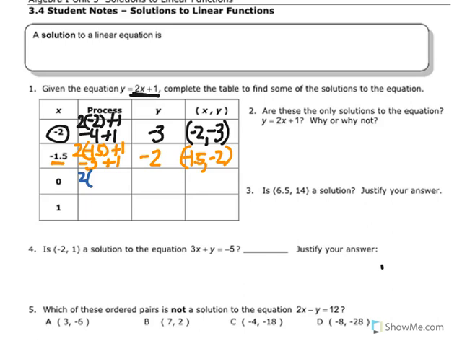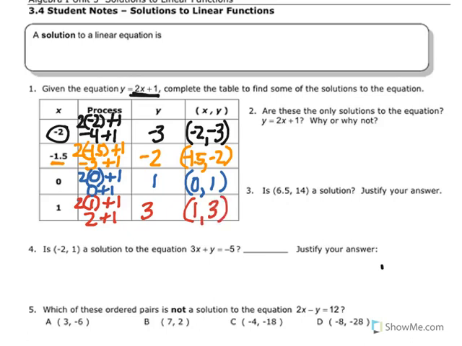Same equation each time, 2x plus 1. So I'm plugging in 0 for x, I'm substituting it, plus 1. 2 times 0 is 0, plus 1 is 1. So when x is 0, y is 1. And finally, we're going to do 2 times 1 plus 1. That's 2 plus 1 is 3. So when x is 1, y is 3.